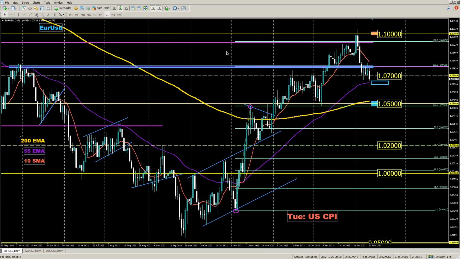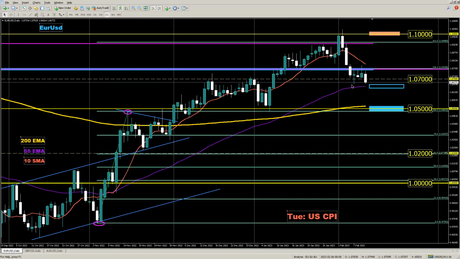All right, so nothing much more to be said except it needs to break out from this range, and we'll see if the same happened with the US dollar index and whether it's also consolidating.